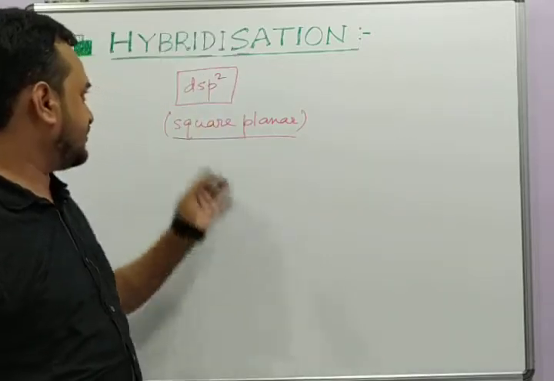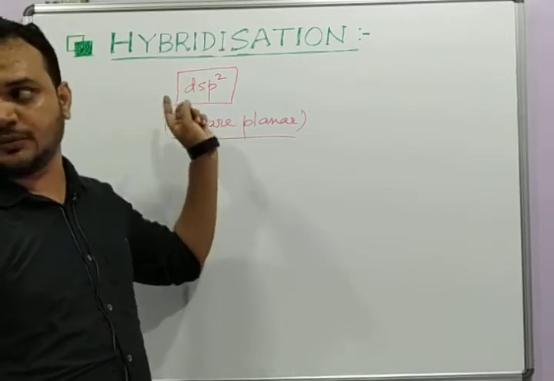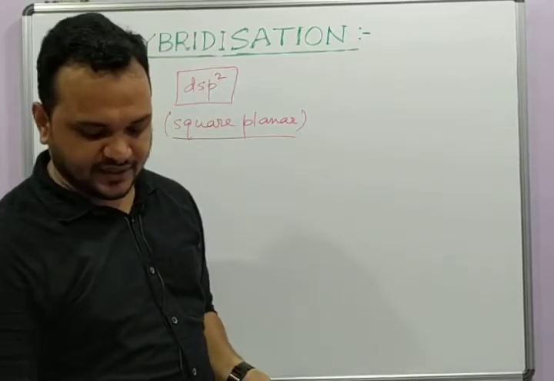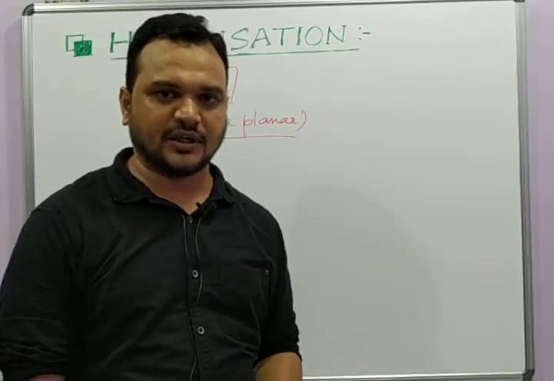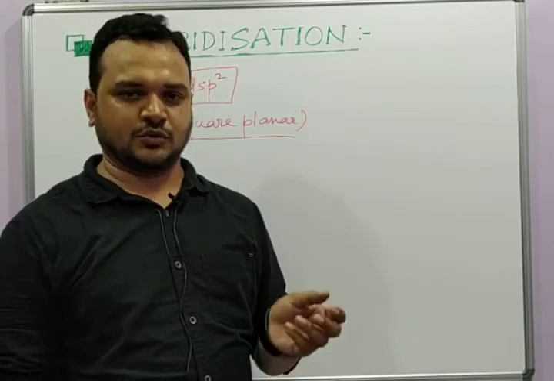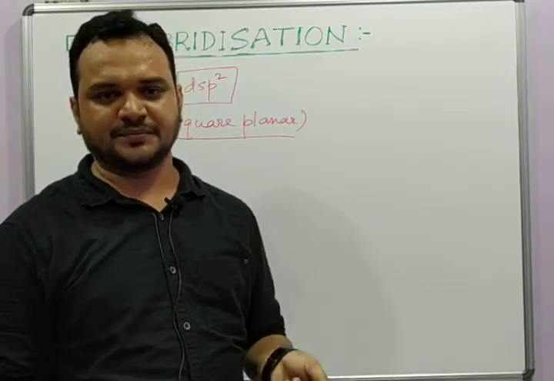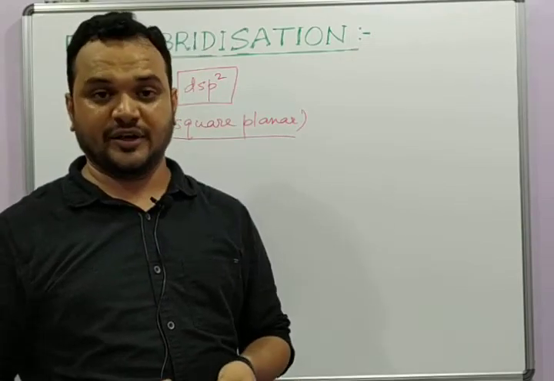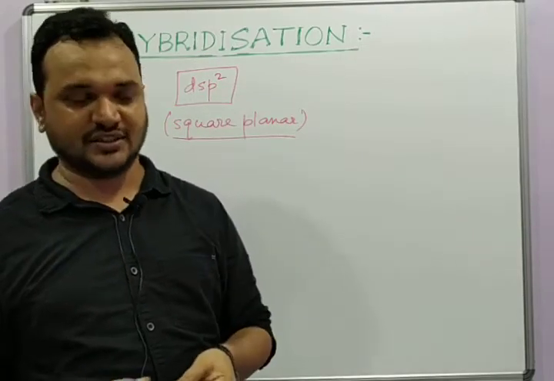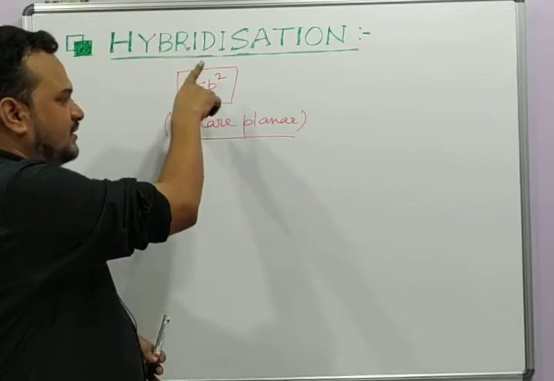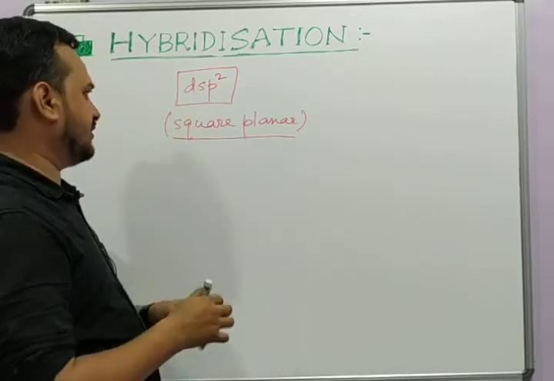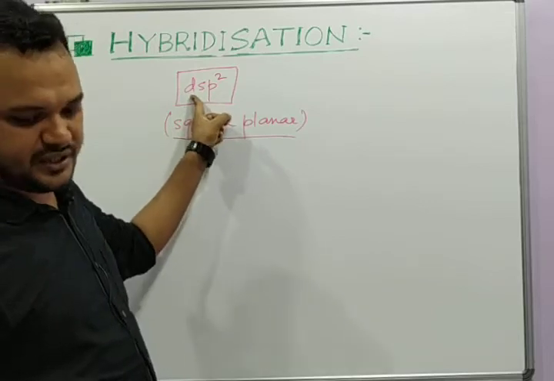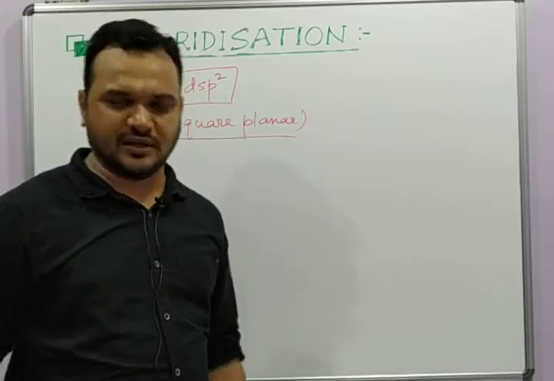So the question arises, what should be the d orbital, whether it is dxy, dyz, dxz, dx square minus y square or dz square. So let this question remain. You try to find out, or you can follow my videos when I will be discussing coordination chemistry. Then I will clear what this d orbital should be. The only hint is, it is not any arbitrary d orbital, but one particular d orbital.